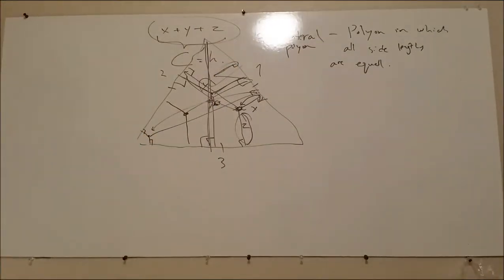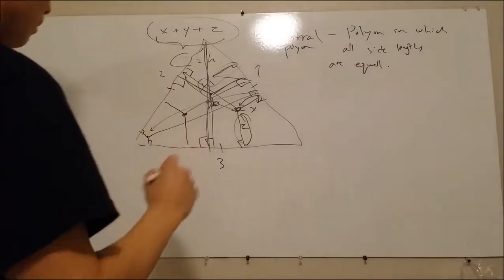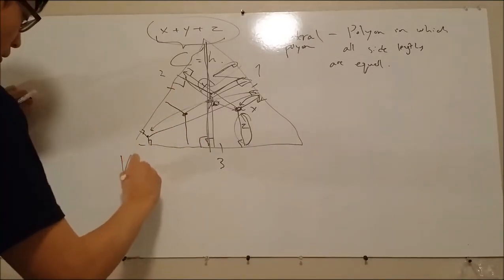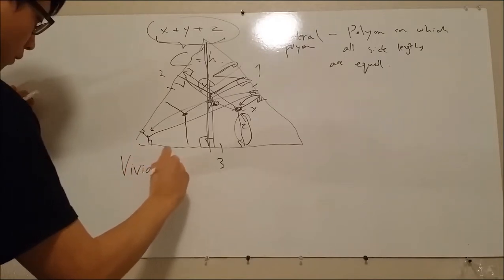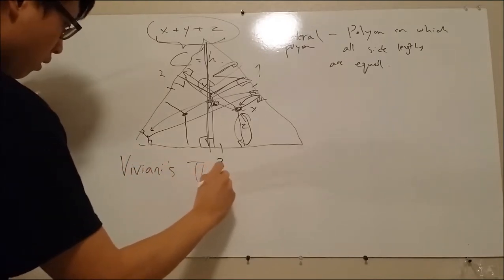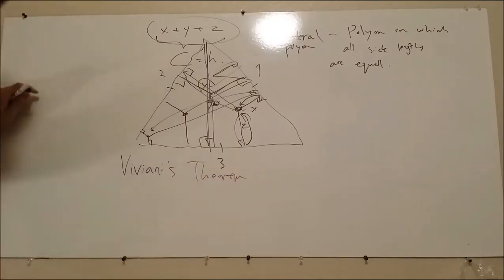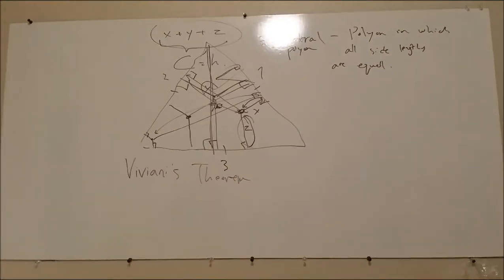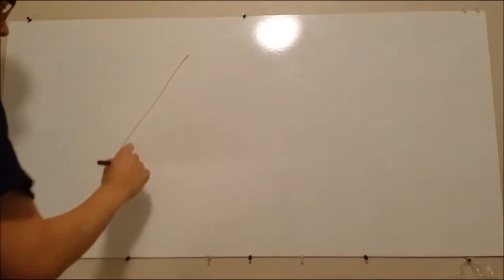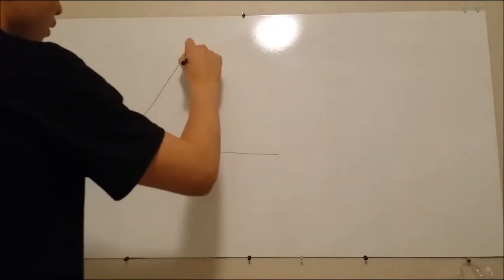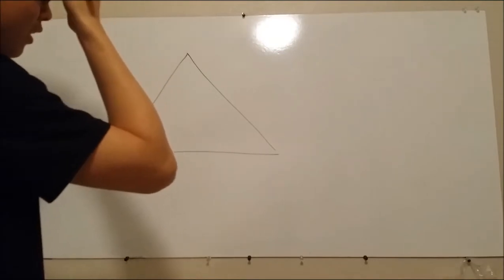Alright? And this result comes from Viviani. This is called Viviani's theorem. Alright? So, what does Viviani have to say about our surfer girl and her island?